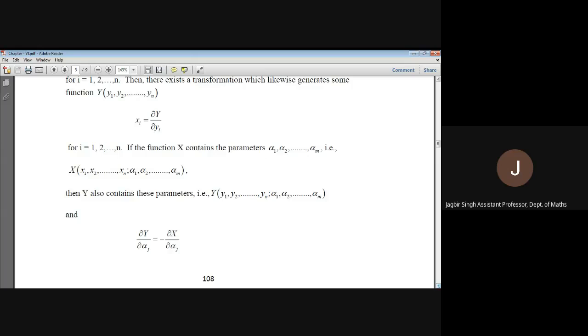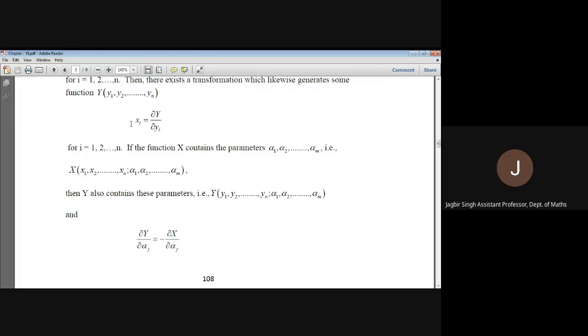So in Duncan's theorem, the role of x will be played by L and the role of y will be played by h. Means y will be replaced by h. Also, t and qi are common in both the functions. So these alpha 1, alpha 2, alpha m will be replaced by t and qi. And pi was defined like curly L by curly qi dot.